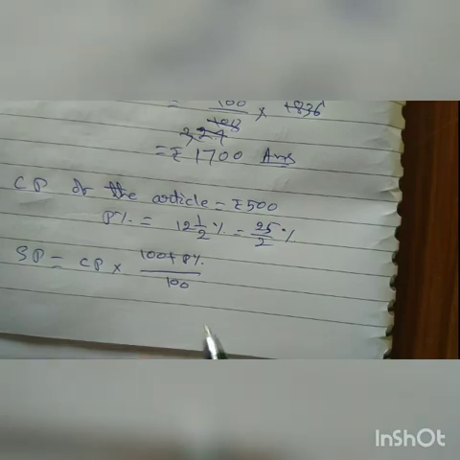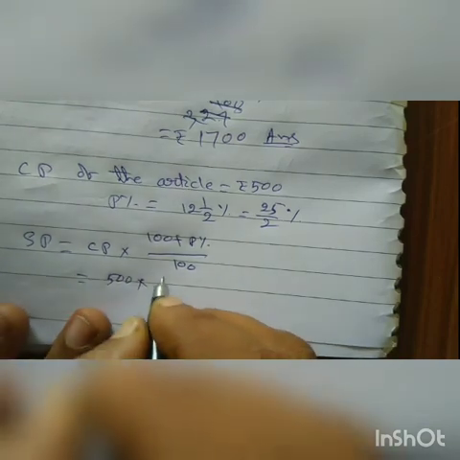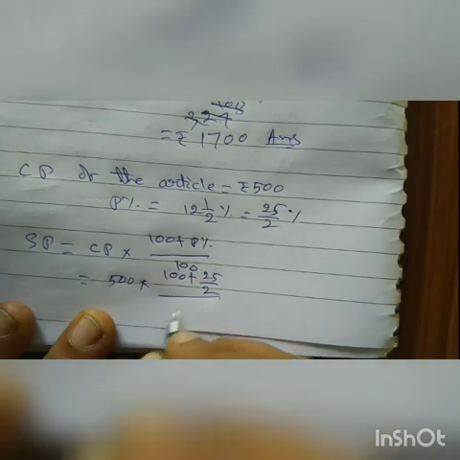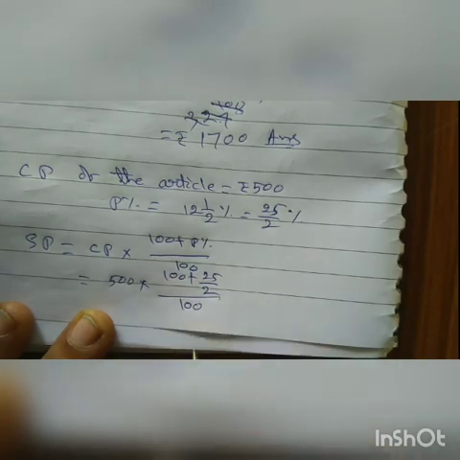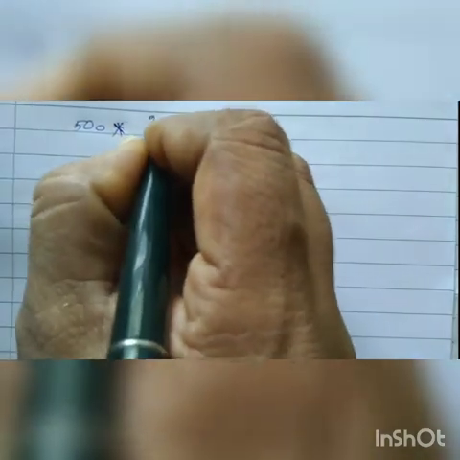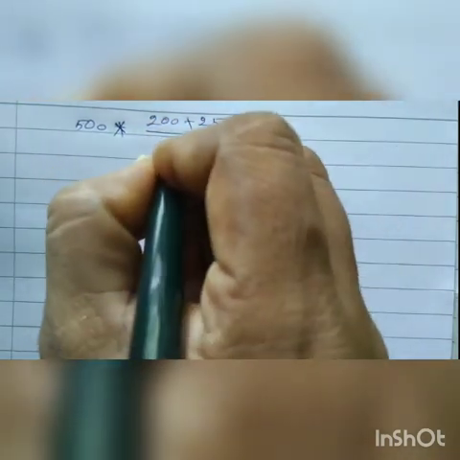So here CP is equal to 500 into (100 plus 25 by 2) by 100. 500 into 100 plus 25 by 2 means (200 plus 25) by 2 into 100.